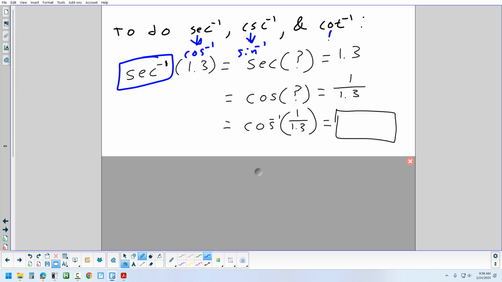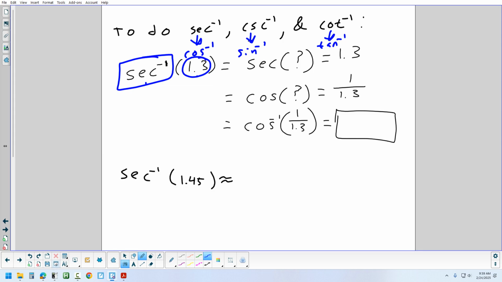And how about if it's inverse cotangent? Inverse tangent. So that's the first step. Change it to the one that it's connected to. The second step is to take that number and flip it. That's how you do these other three on the calculator. Change the trig function to the one it's connected to and flip the number.